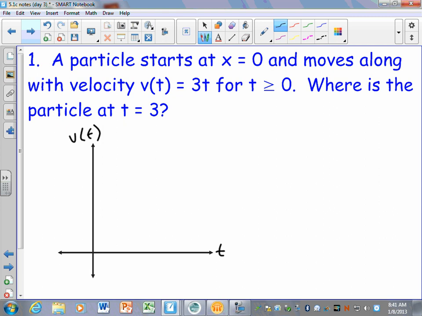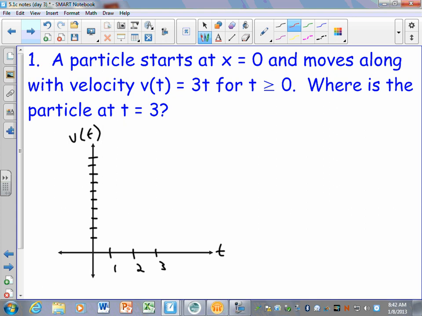I'm only going to 3 seconds, so I'm not going to go too far on my time axis here. And I'm just going to graph this.